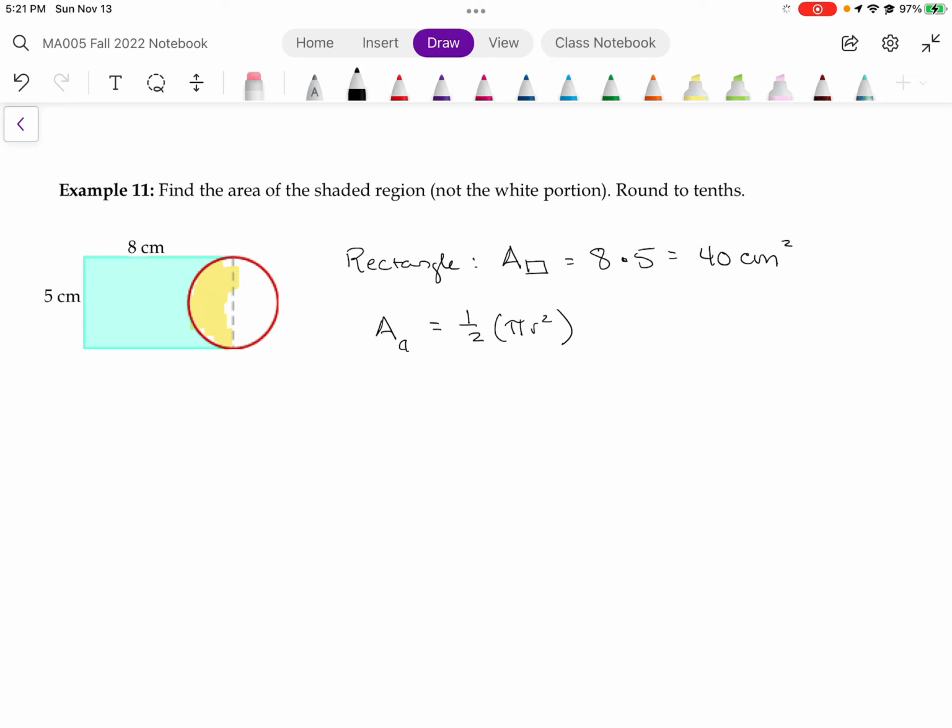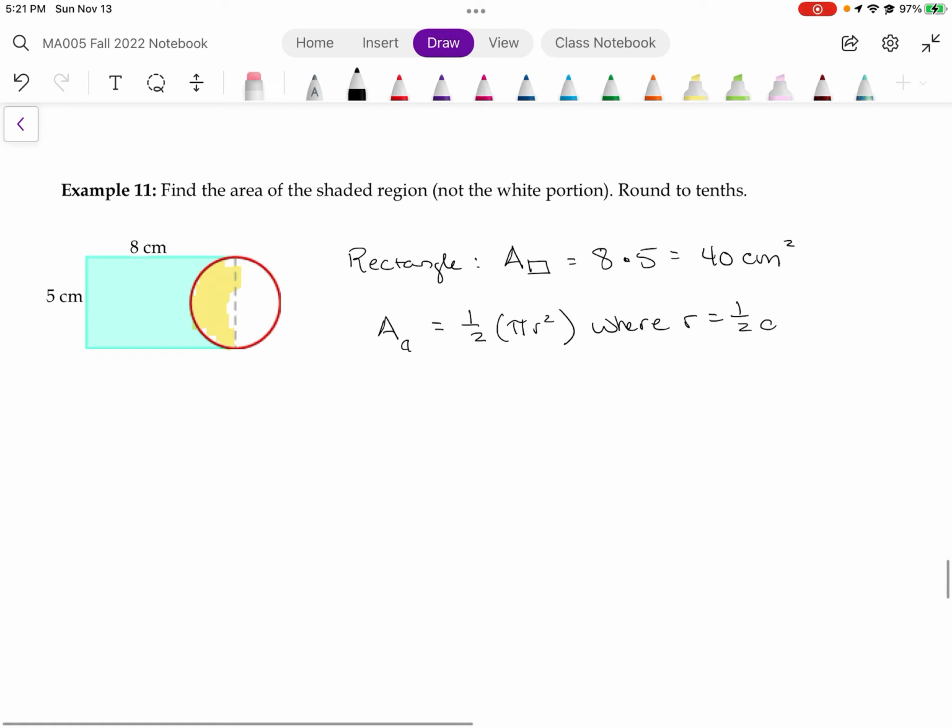So stop and think about that if you need to. So I need to figure out what r is. Let me start over there. r equals 1/2 of the diameter. The diameter right here is the same as this, so it's 5. 1/2 of 5 equals 2.5.